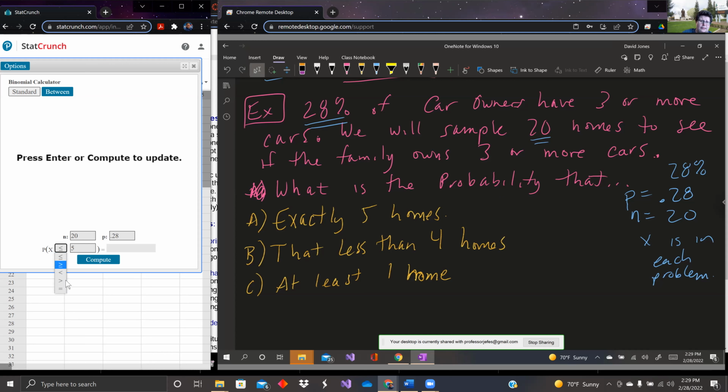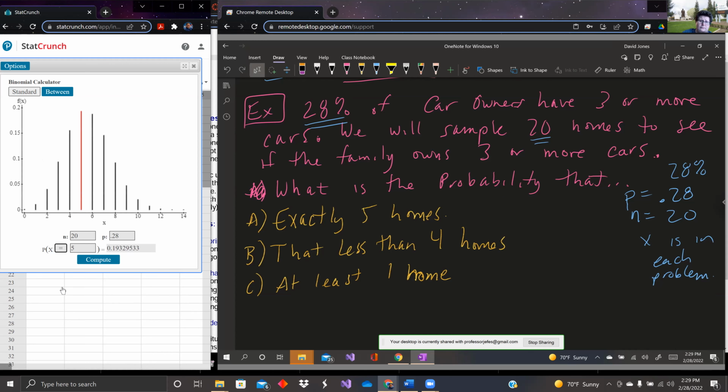Exactly is an equal sign. And it came with 5 already automatically in. That just happens to be the way it's set up. It tells us our probability right here. So the probability that x equals 5 is 0.1933, rounded to 4 decimal places.